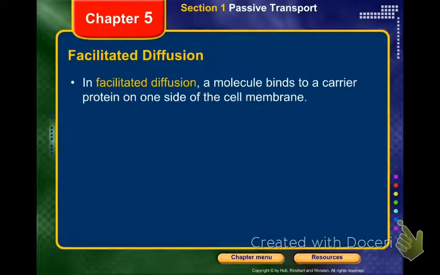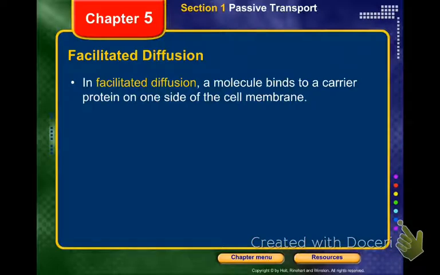Facilitated diffusion. If you're not familiar with the word to facilitate, it means to help or to assist. So this is going to be diffusion that is assisted or helped by a molecule that is embedded or are on the surface of the cell membrane.